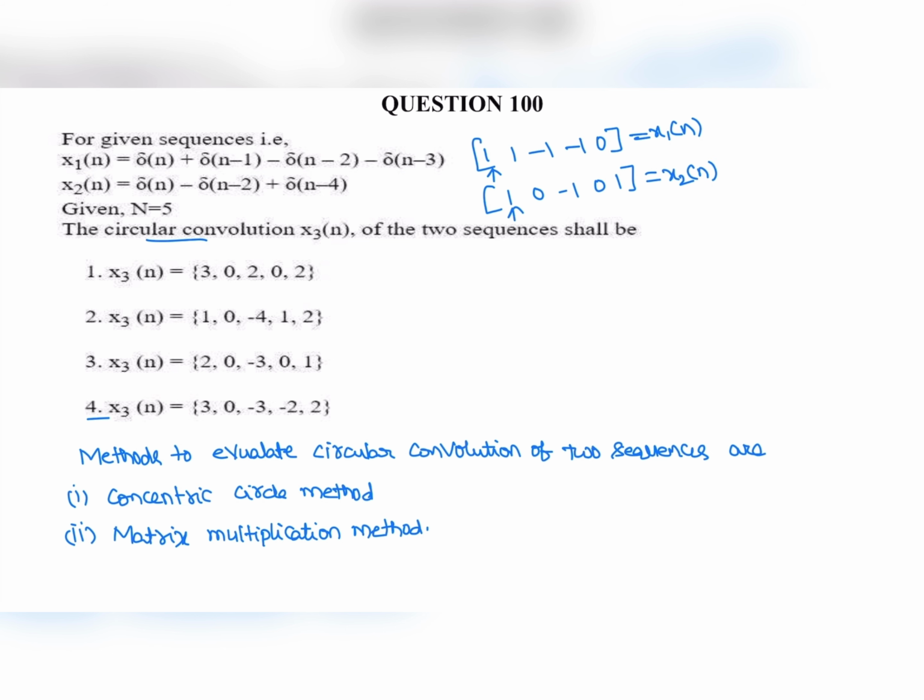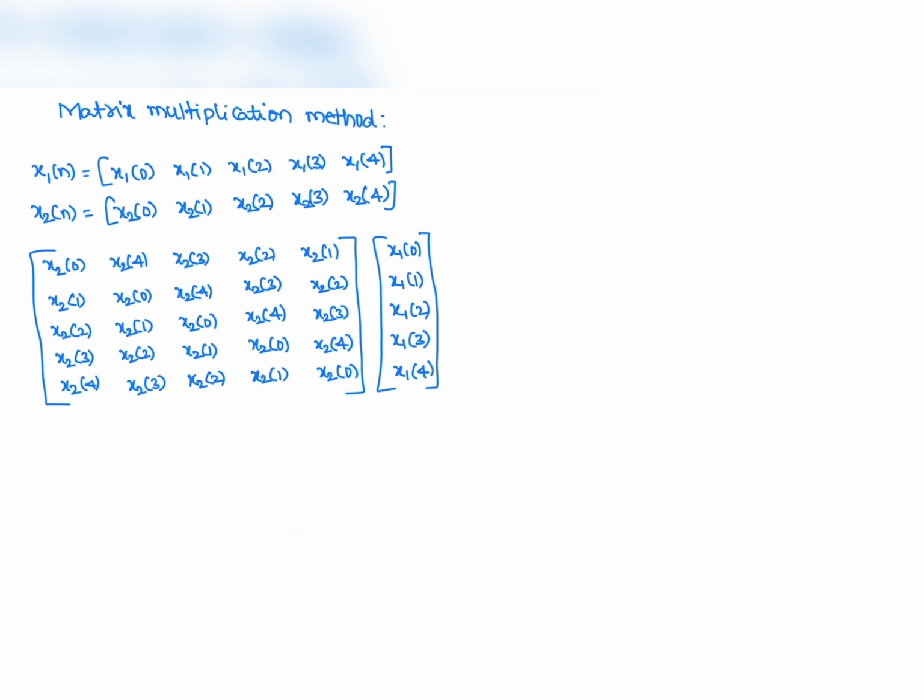Now by using the circular convolution method, this is the procedure. Replace x1 of n here, x2 of n here. So x1 of n is 1, 1, minus 1, minus 1, 0, and x2 of n is 1, 0, minus 1, 0 and 1.